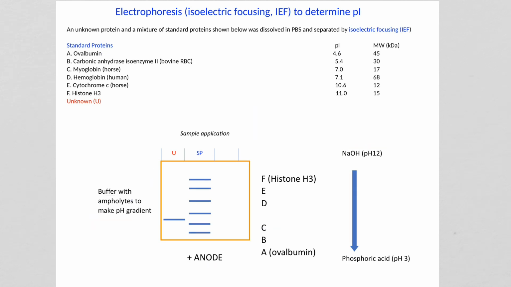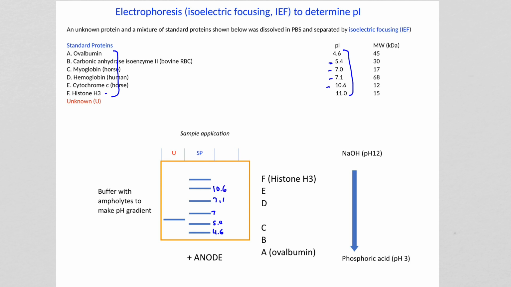So in this way, if you have a mixture of standard proteins whose pI we know, you can see they will be separated. Ovalbumin with 4.6 will be here. Carbonic anhydrase, 5.4, will be here. 7.0 is myoglobin, which would be this band. 7.1 is hemoglobin. Cytochrome C is 10.6, a very high pI.